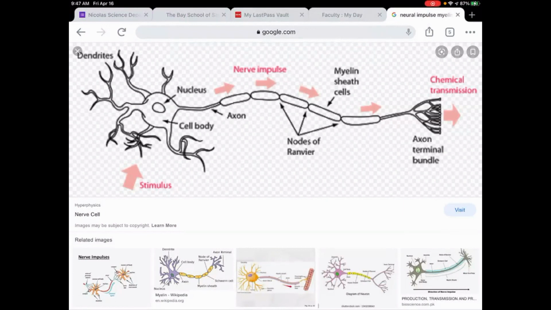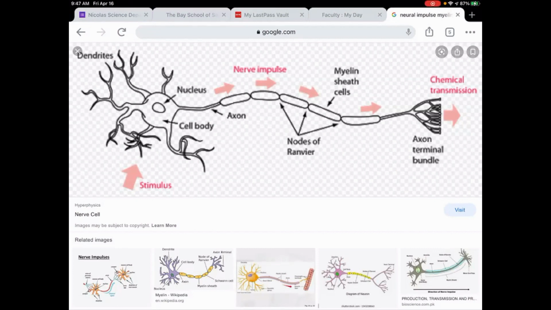But because the wires are separated, they're insulated by this myelin sheath. The message only flows down one wire, so you're guaranteed that if you want to remove your right hand from the fire, it's not going to both your right hand and your left hand and your right foot. It's just going to your right hand.